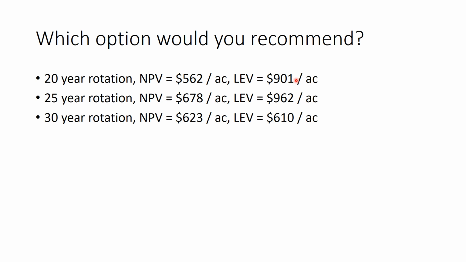It is, however, valid to compare their land expectation value. So what we can see is that we have the highest land expectation value with the 25-year rotation. So because we're maximizing revenue, I would choose the 25-year rotation as the most efficient option because our land expectation value is highest for that option.